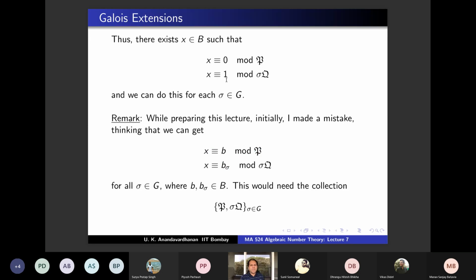So this is true for all sigma, because you are taking all the sigma I such that sigma I q is distinct, and you are applying the Chinese remainder theorem on this set.